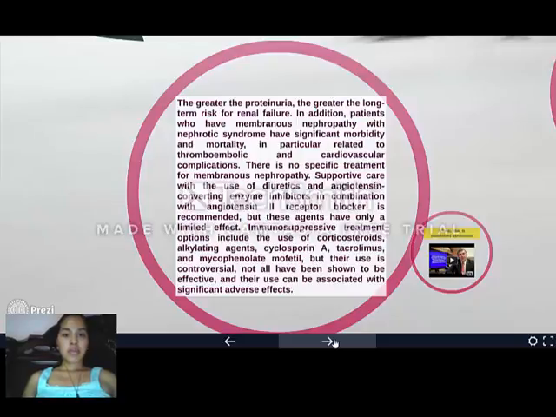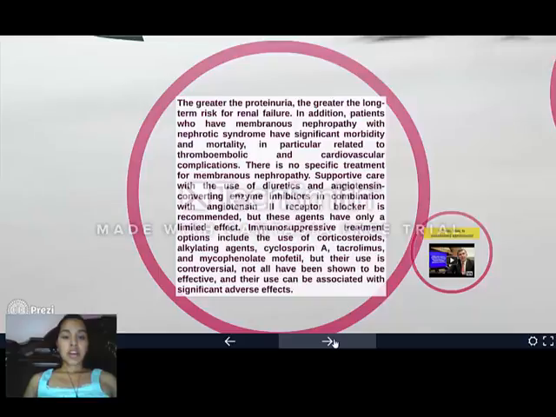Supportive care with the use of diuretics and angiotensin-converting enzyme inhibitor in combination with angiotensin II receptor blocker is recommended, but these agents have only a limited effect.